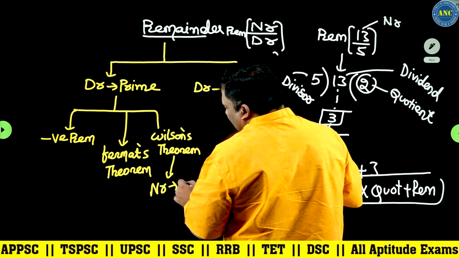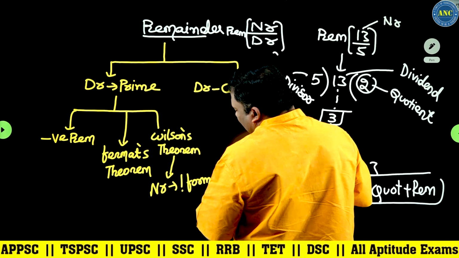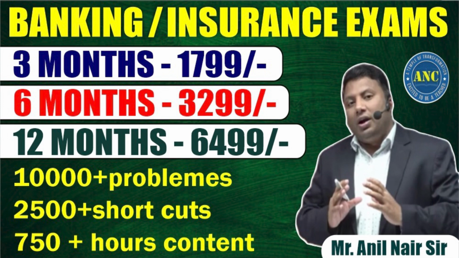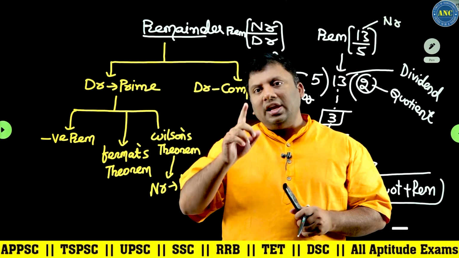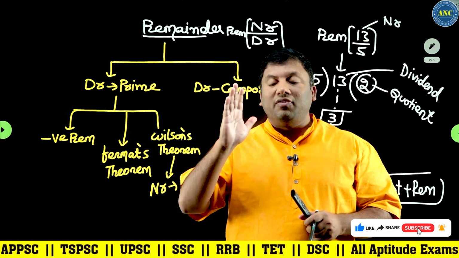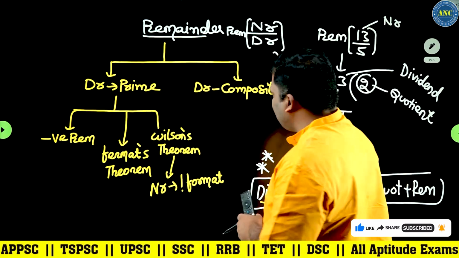Whatever way I am telling you, just listen to the class for 1.5 hours, and any question related to remainders, you should be able to solve very quickly. In between, I will also create a lot of questions.